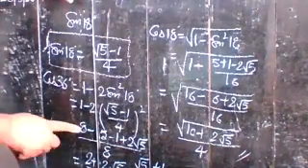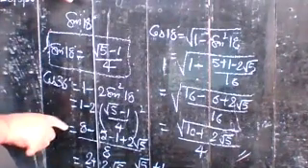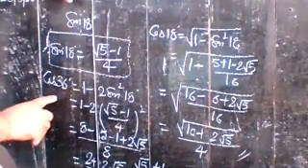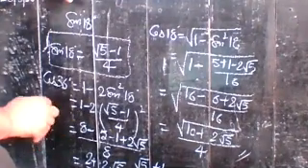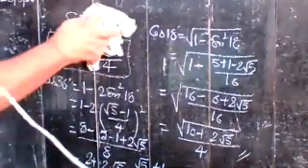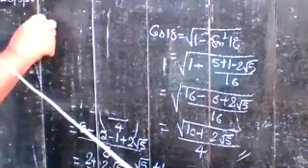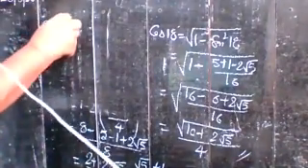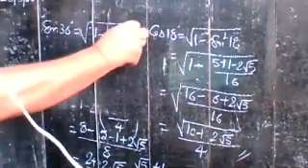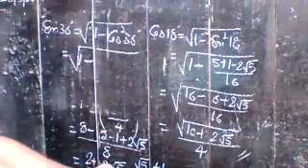And in the same way, if the value of cos 36 is known, you can also find the value of sine 36 by using the identity under root 1 minus cos square 36. So you find that also. Sine 36 degree is equal to under root 1 minus cos square 36 degree, which is 1 minus the square of this one.